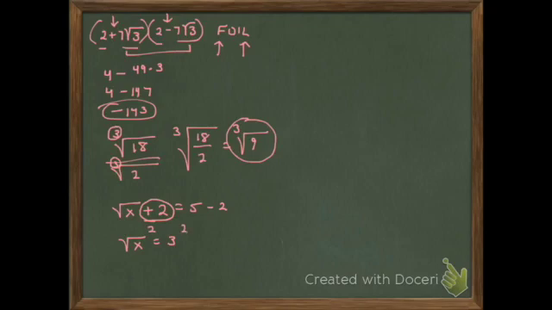Square both sides because it's a square root, and I'll get x, because the square root of x times the square root of x is simply x. I could even look at it this way. It's that, and then I'm looking for any pair of 2 to go forward. So that's x. 3 squared is 9.